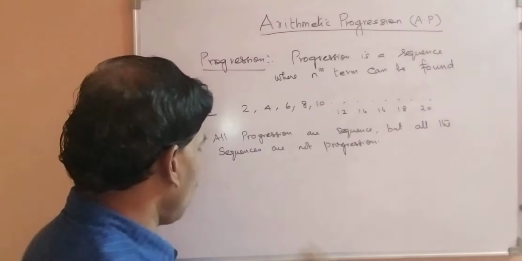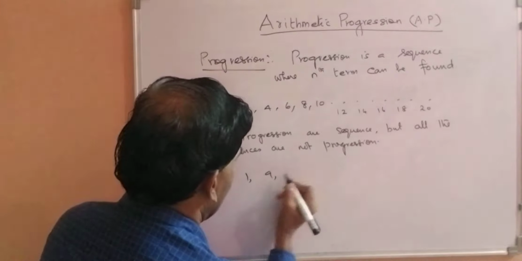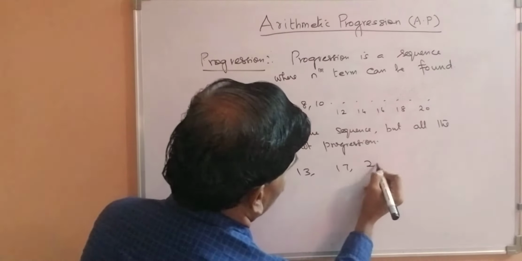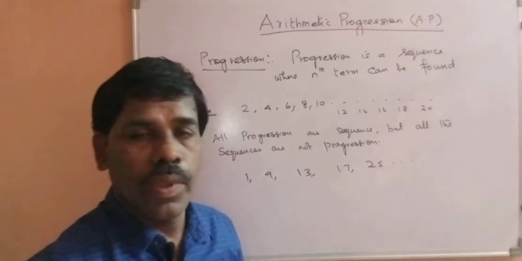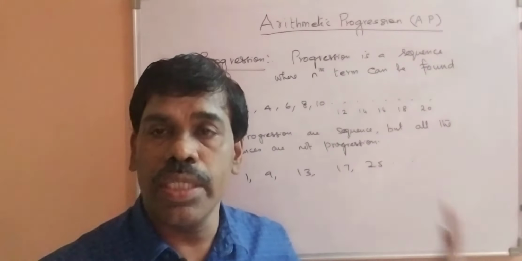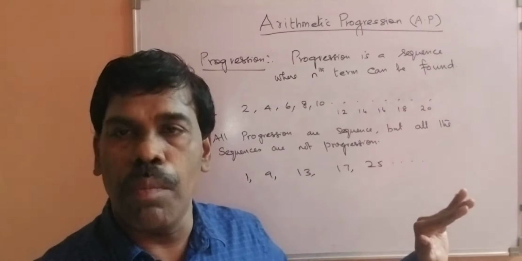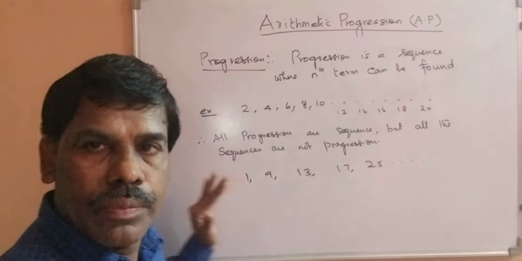Why, I tell you. Now I have written 1, 9, 13, 17, 25, etc. It is a sequence, it is a set of numbers, it is a collection of numbers, right?